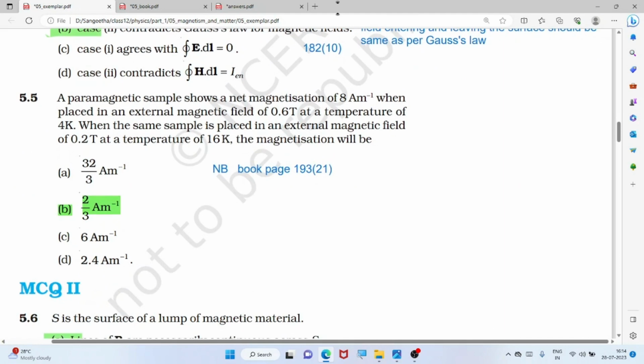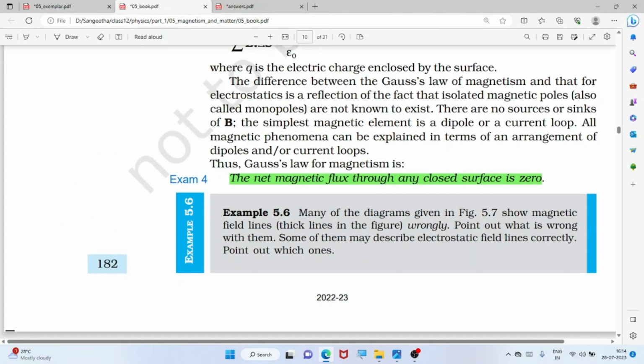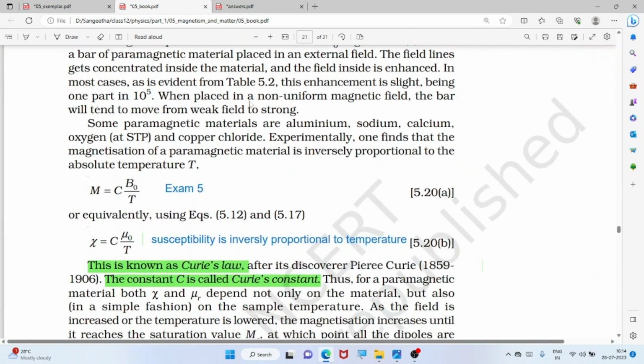A paramagnetic sample shows a net magnetization when placed in an external field at a temperature. The same sample is placed in a different magnetic field at a different temperature, then what will the magnetization be?